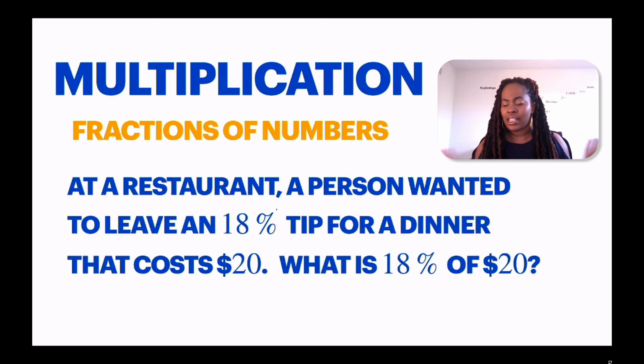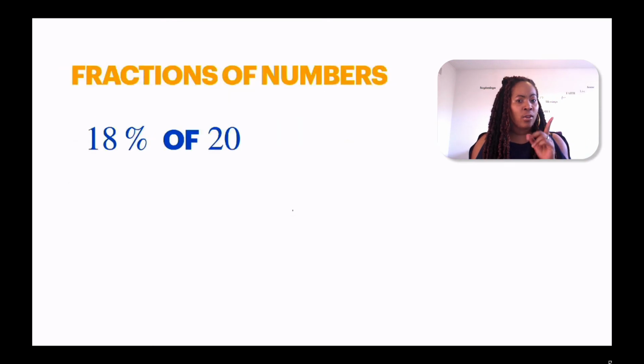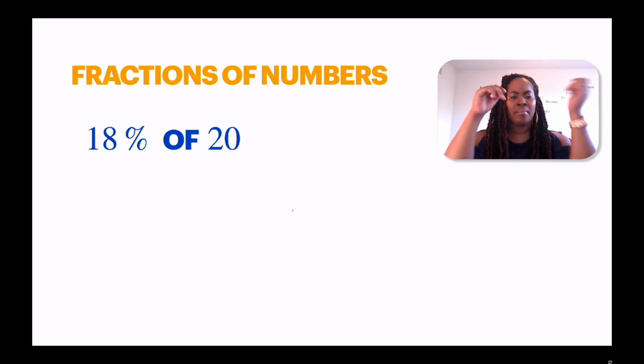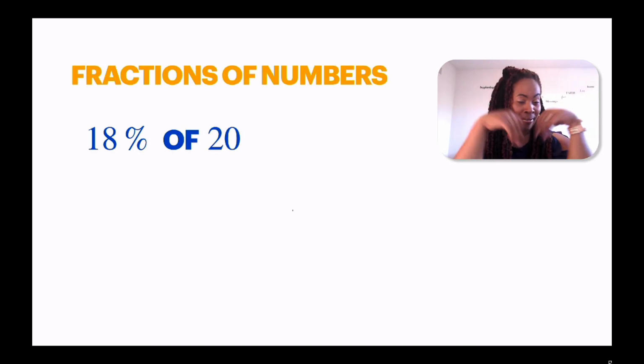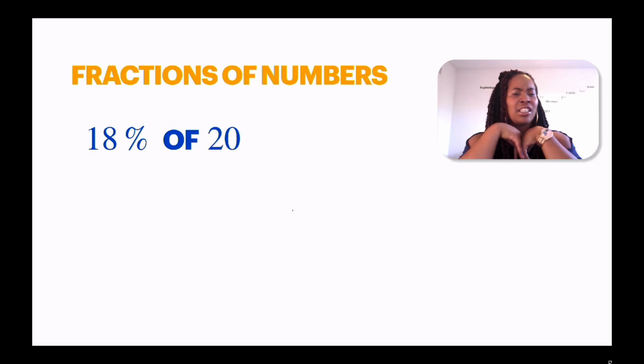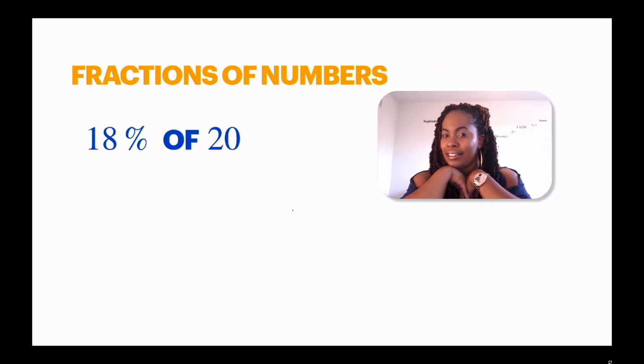So let's go ahead and find out, how do we do this, 18% of $20? Well, one indication, now that we know, is that 18% of really means 18% times, because of means times, right? But we're not going to multiply using the percent sign. We know better, right? What does the word percent mean?